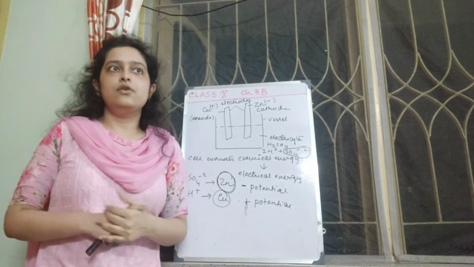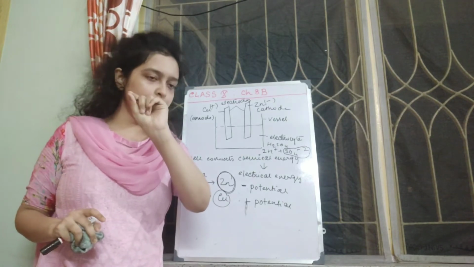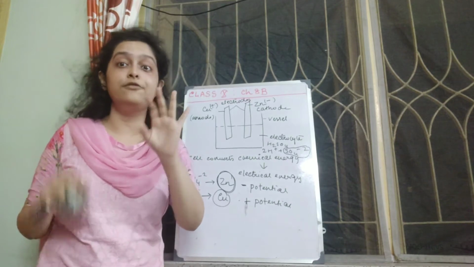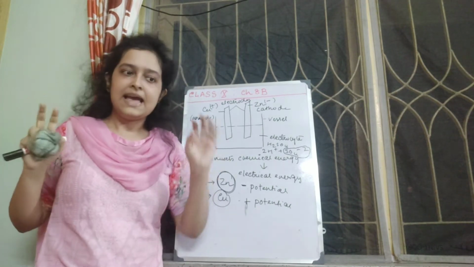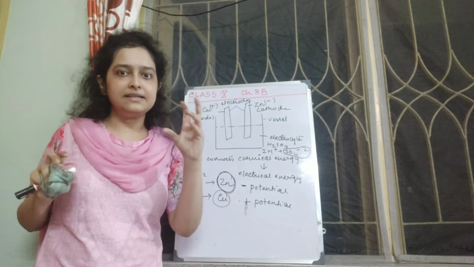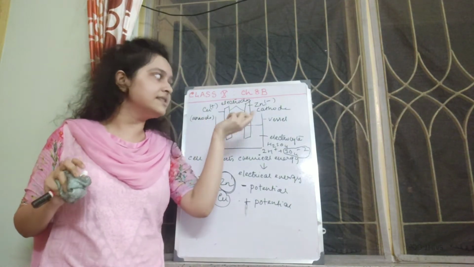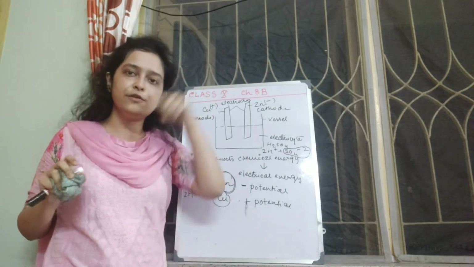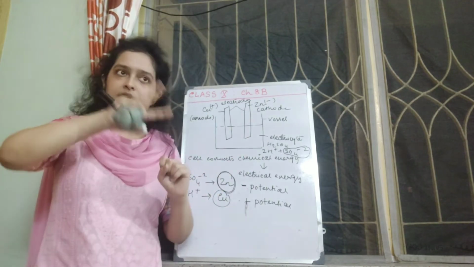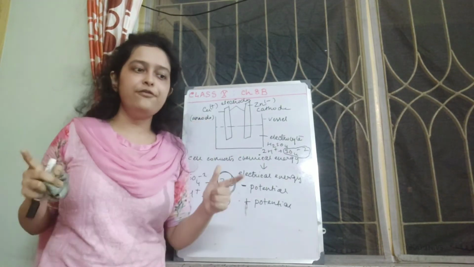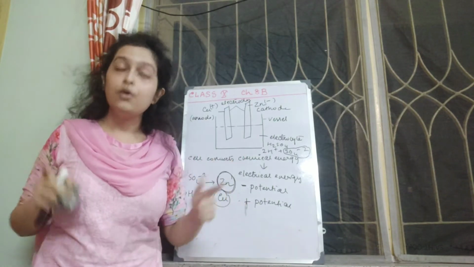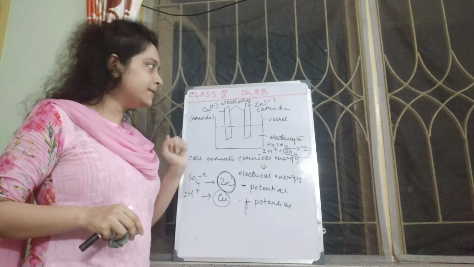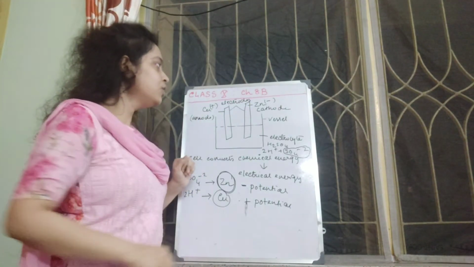One thing I want to mention: I am saying driving force, but that does not mean it's literally a force. It is something which will compel the current to flow. Therefore the current can flow now. But all of a sudden the current will not start flowing, we need to connect this to a circuit.